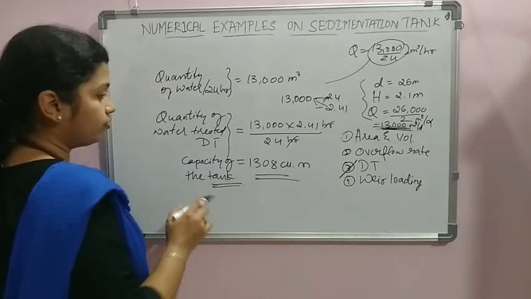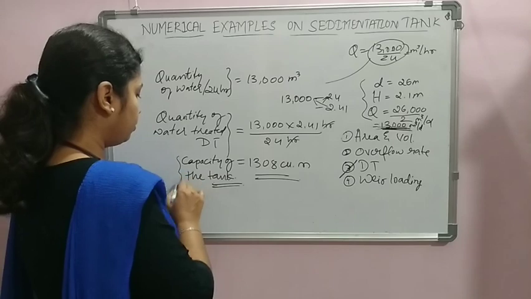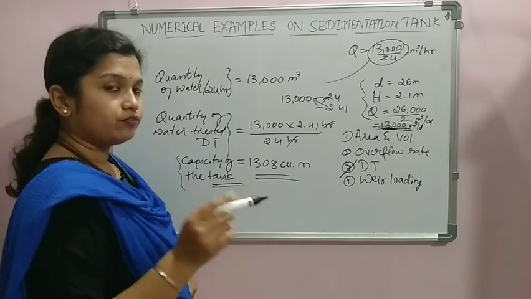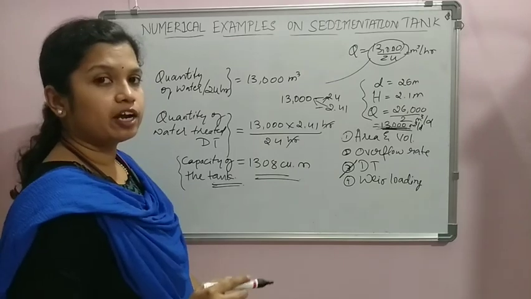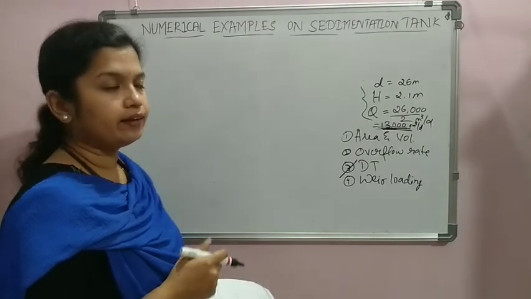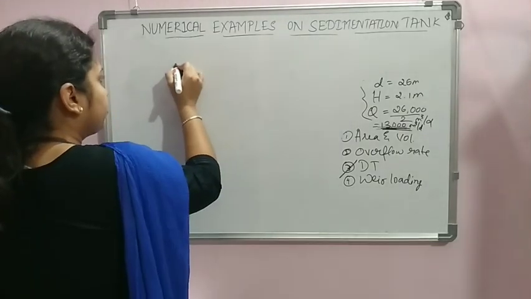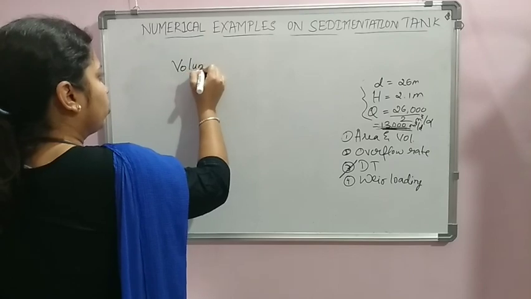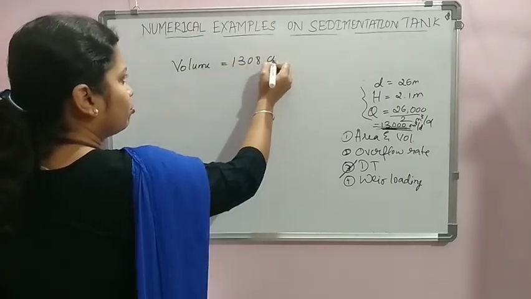Now after having the capacity, which is nothing but the volume, since we have data for the volume and also for the depth, we can directly calculate the next parameter, that is the area. With the previous step we have already calculated the required volume, the capacity, which is nothing but the volume required. The volume we have calculated is 1308 cubic meter.